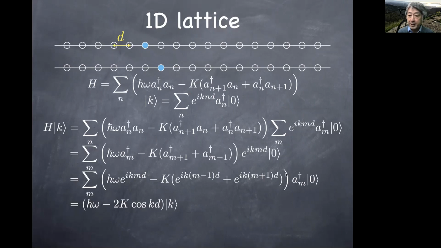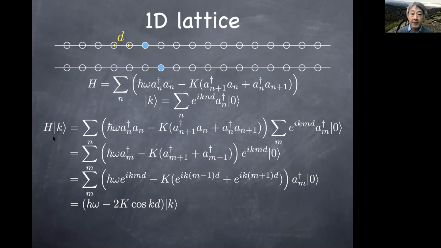So that factorizes out of this big parentheses. So I get a_m dagger times e to the ikmd, and that is nothing but the initial state we started out with. So the e to the ikmd factor times a_m dagger acting on a vacuum state, summed over m, returns us the state k we wanted to study.